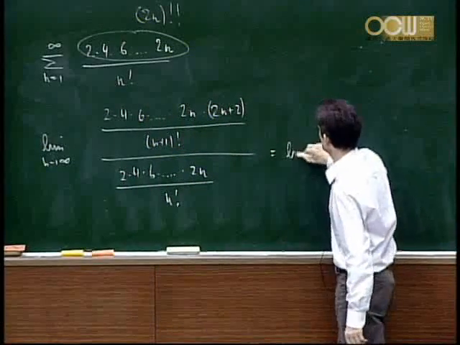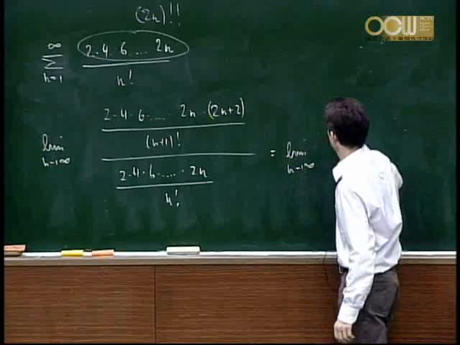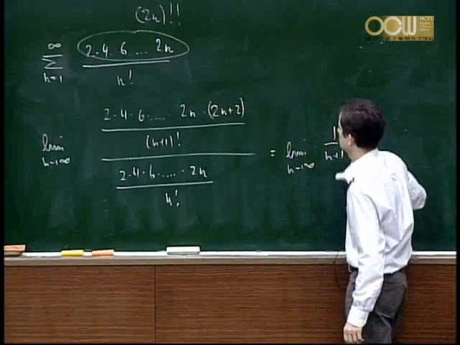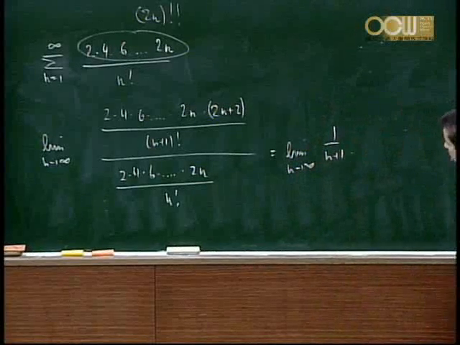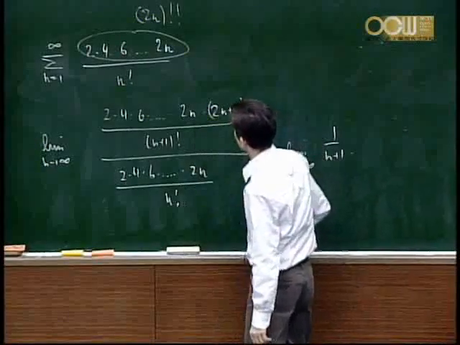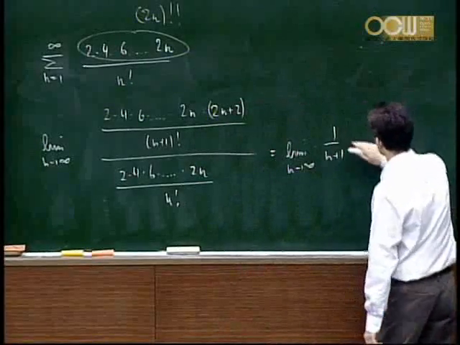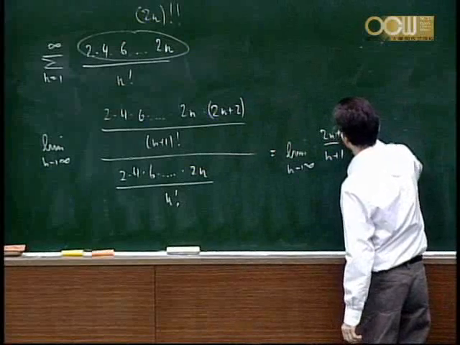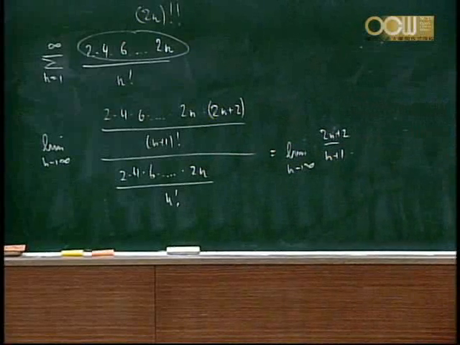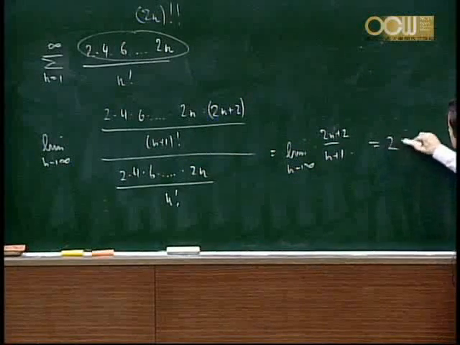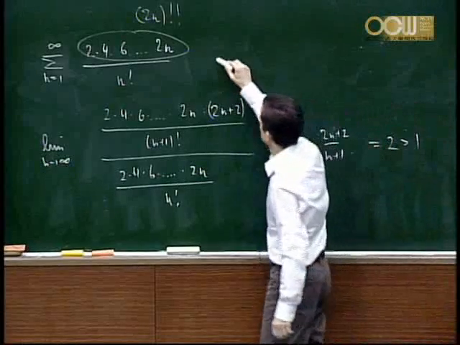So this will be the limit as n tends to infinity of 1 over n+1. Most of the terms cancel out, the only one left is this one. So the limit is equal to 2. 2 is larger than 1, so divergent.